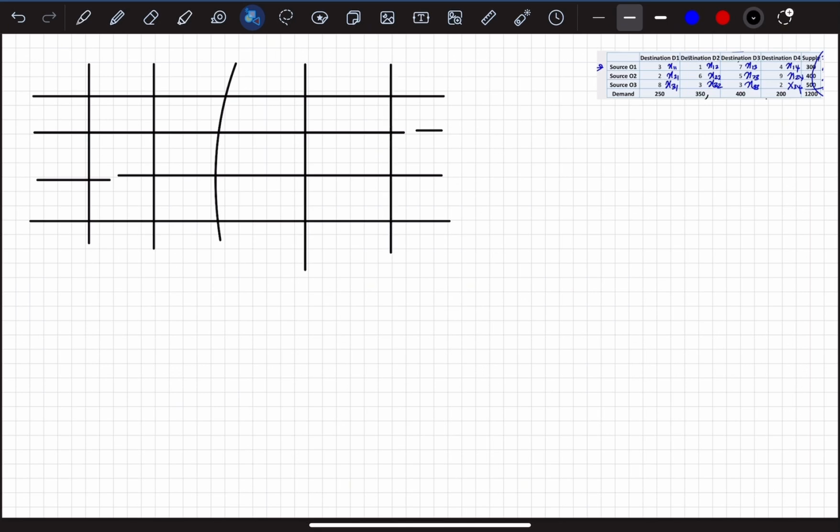Okay, so we have O1, O2, O3, and also the demand. And then the destination and the supplies. Okay, so we need to put all of the costs we have here.